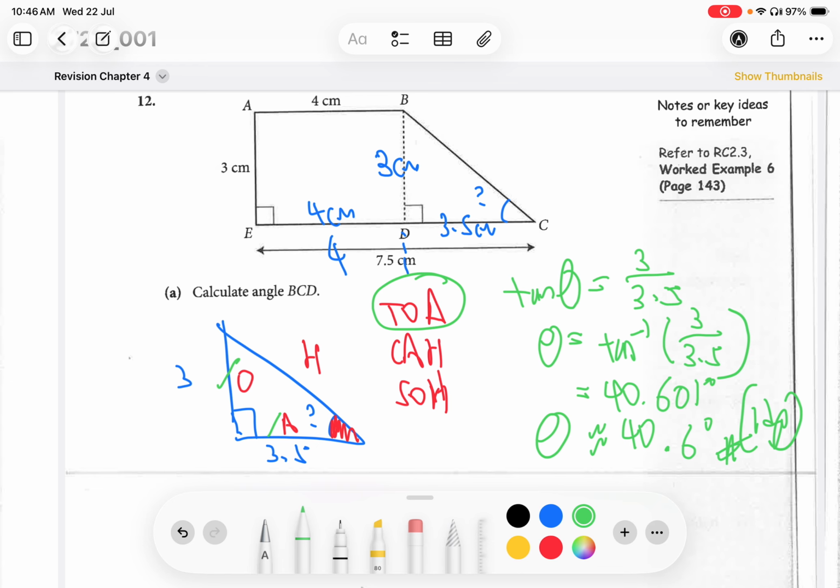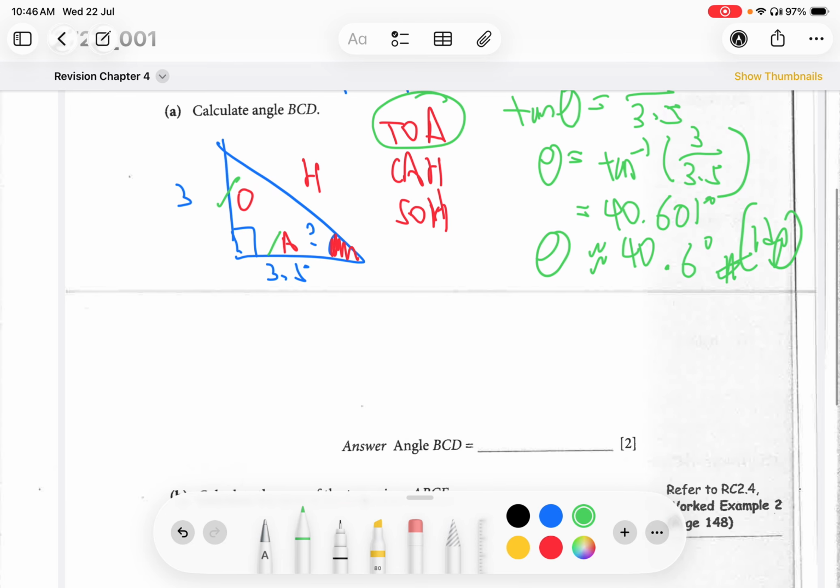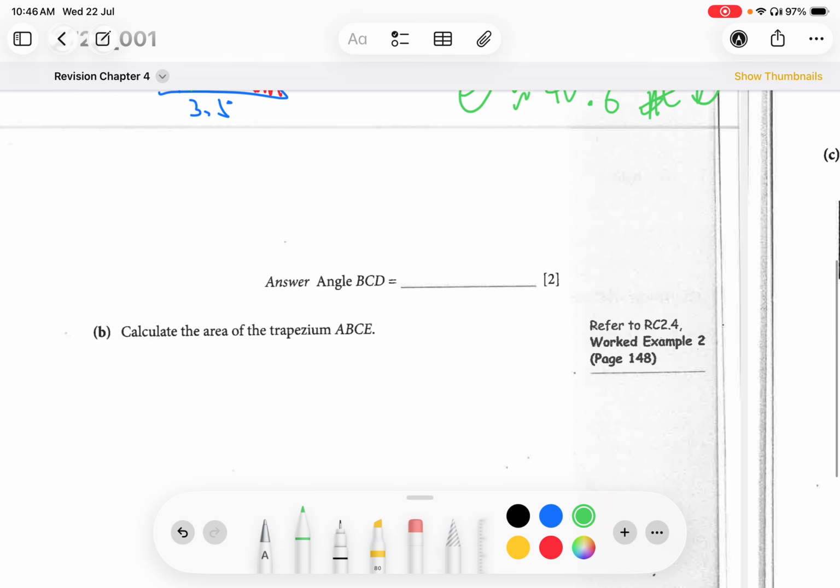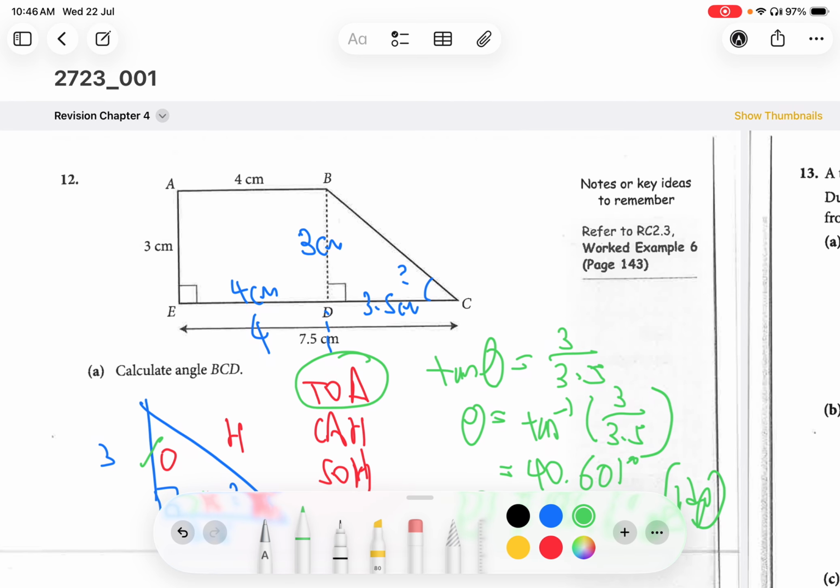Okay, for this, the next one. Find the area of trapezium ABCE. Find the area of this. So I use the diagram here. For the rectangle, area is base times height, 3 times 4 is 12.